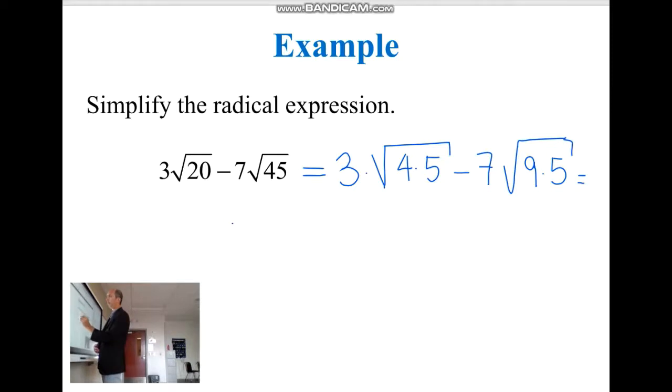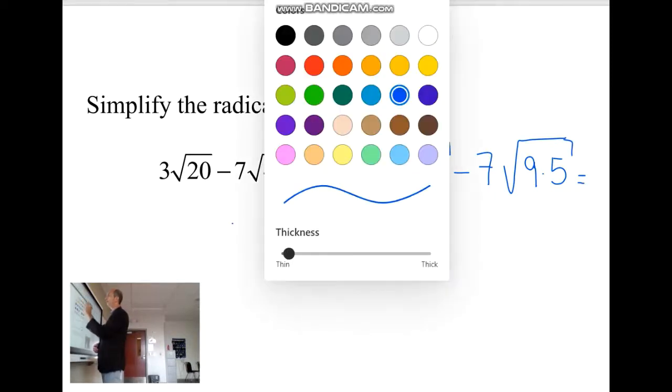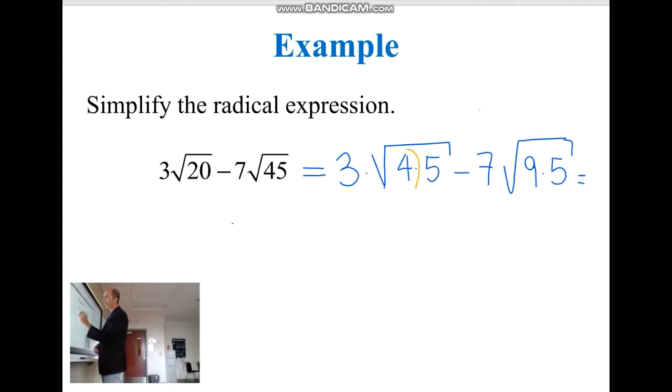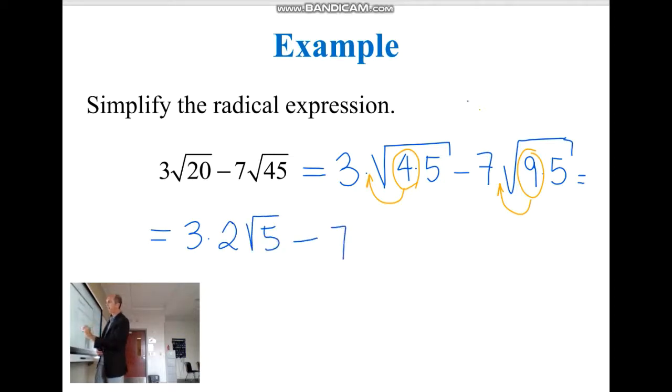We have some factors here that we can simplify. We can remove the 4 from the radical, because 4 is 2 squared, and we can remove this 9, because 9 is 3 squared. So 3 times the square root of 4, which is 2, and we keep the square root of 5, minus 7 times the square root of 9, which is 3, and we keep the square root of 5.